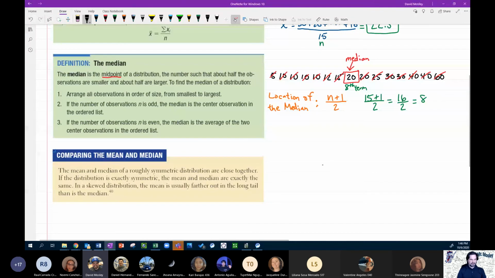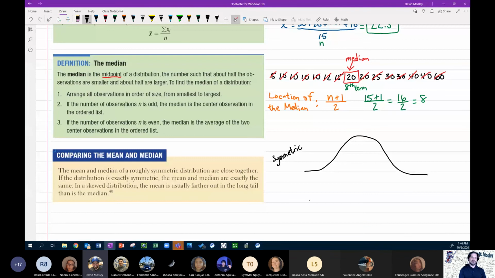If I have a symmetric distribution, it's probably going to look something like this. It could be a bell shape, it could be a normal distribution, or it could look something rectangular. But it's a nice symmetric distribution, or approximately symmetric.